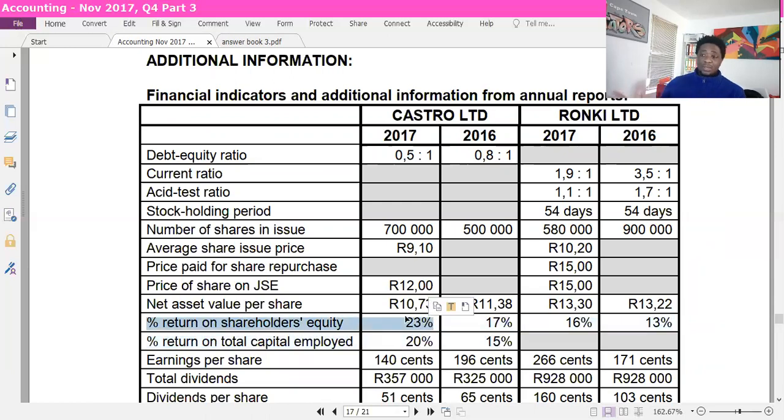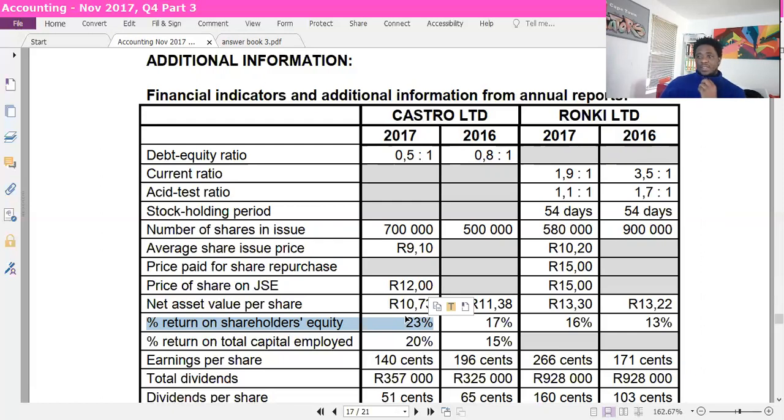So he's keeping 5% from the bank, but he's actually sacrificing 23%. That's a difference of 18% that he's missing out on as a result of not investing in the new shares of the company. So that is the first thing I would have said: he's missing out on a return of 23% for a 5% return on bank savings.